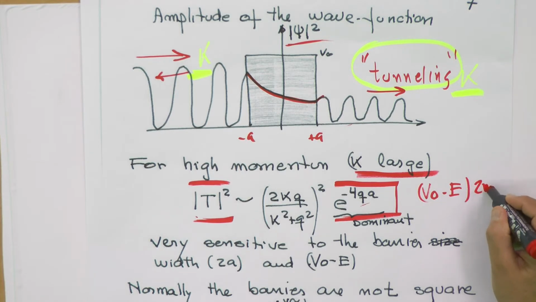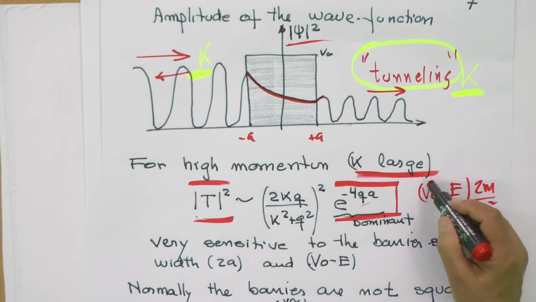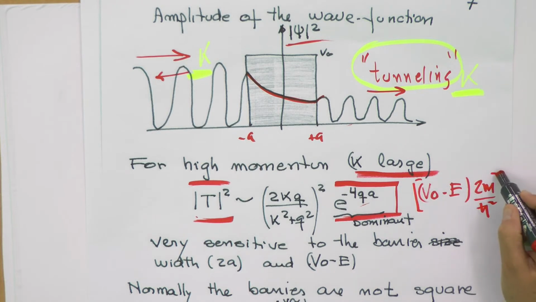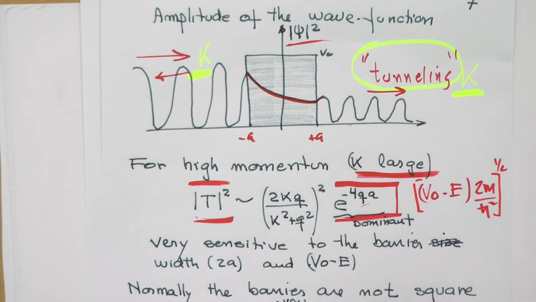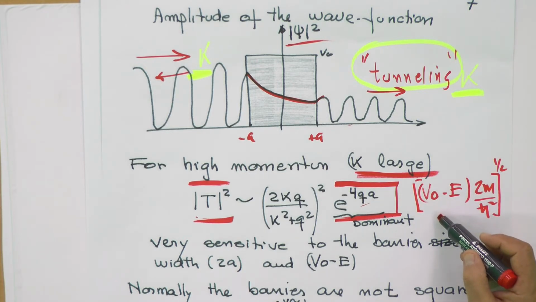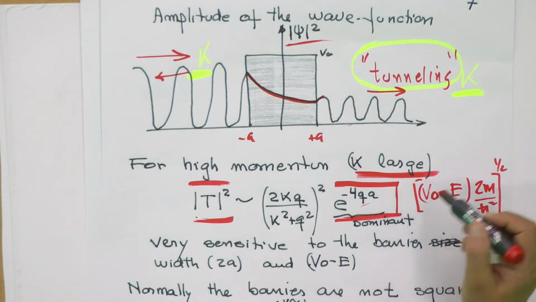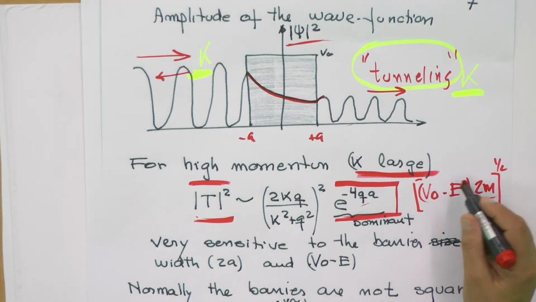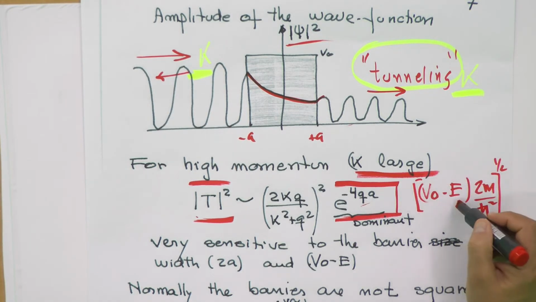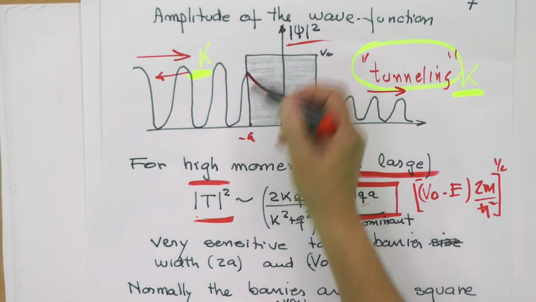2m divided by h bar squared, to the half, because q squared is this quantity, right? If you remember, this is the q squared. So you see that q depends on the difference between the energy that comes and the barrier.